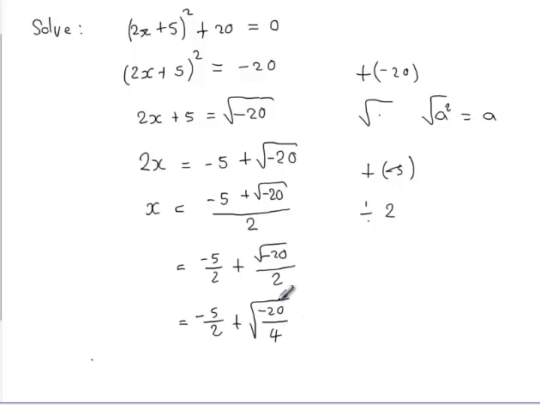Then I remain in the numerator with the square root of minus 20. So this simplifies to minus 5 over 2 plus, let's not worry about plus or minus because anyway that entity you don't know what it is, the square root of minus 5. So this is actually a mix of what you know and what you don't know.